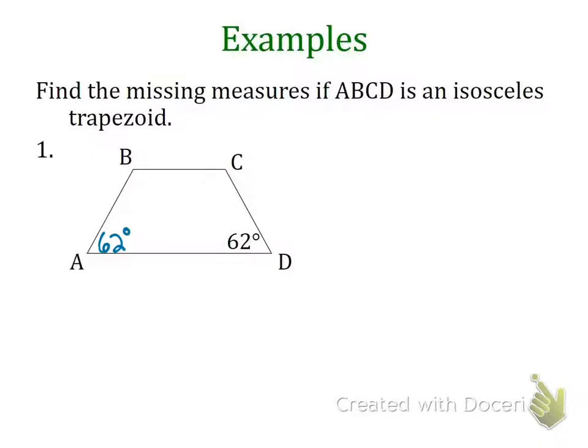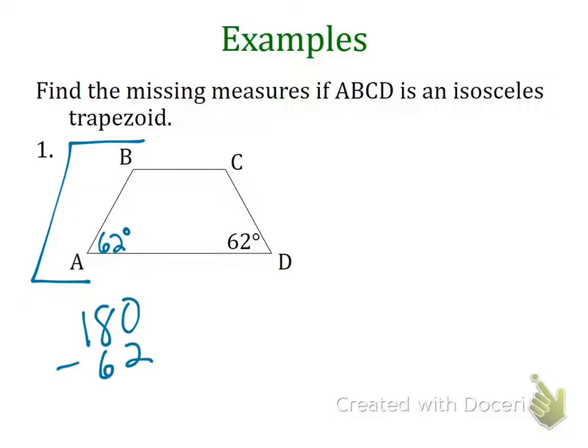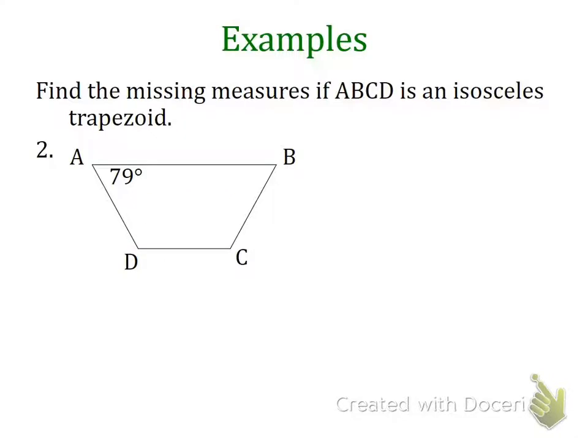Now, how do I find angle B and C? What do those add up to? 180. So 180 subtract 62. Perfect. That's 118. So if B is 118, what's C? 118. Very good.